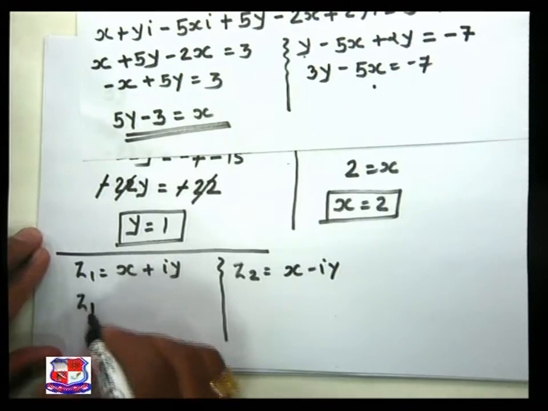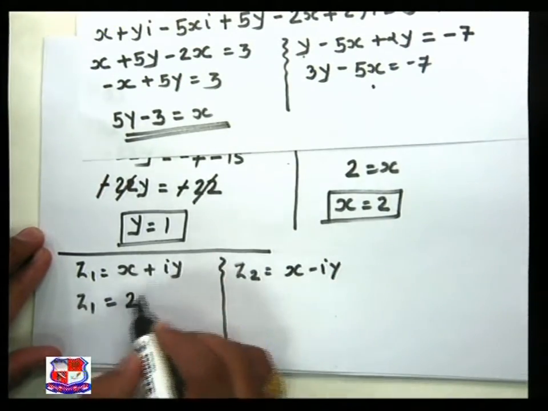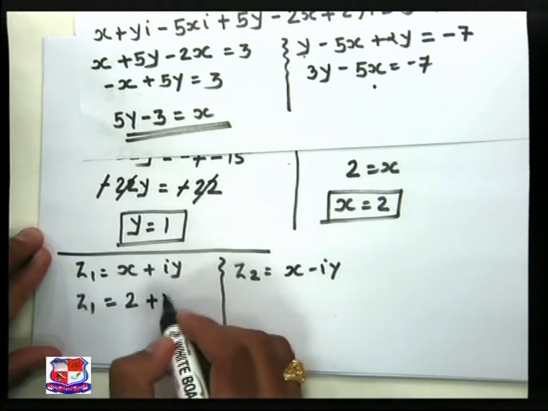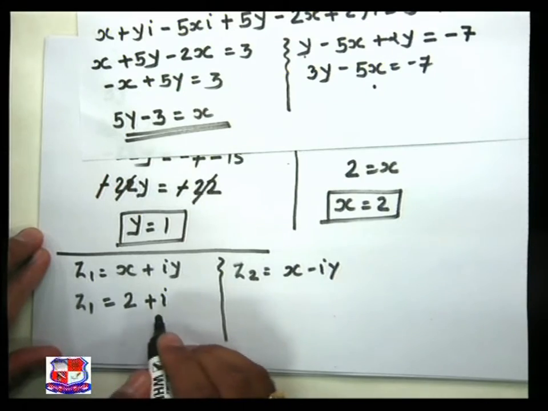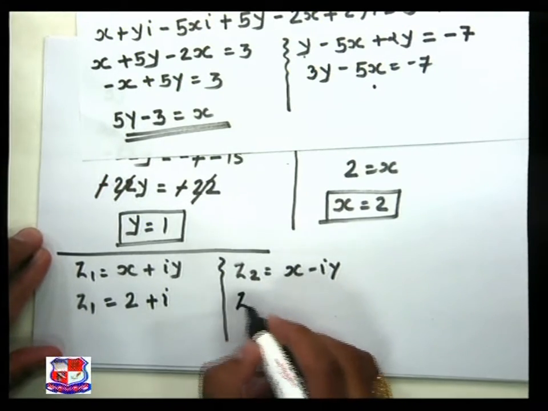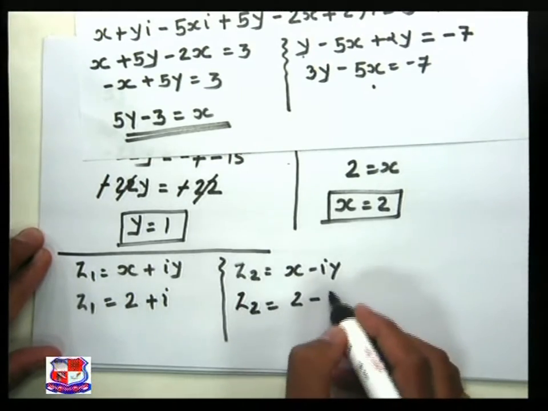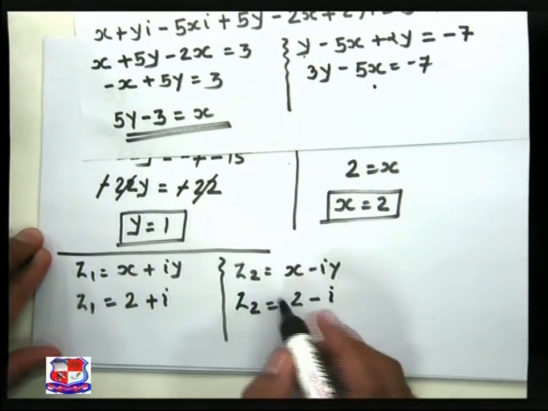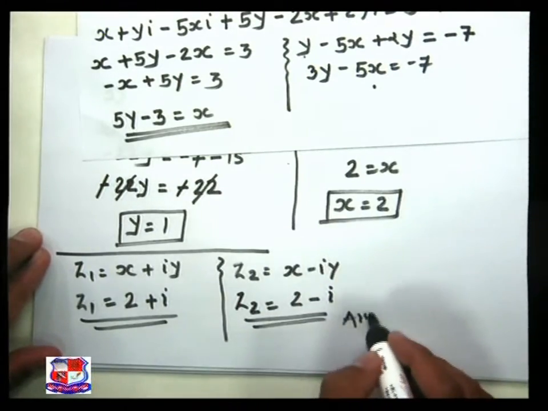So ultimately our z1 becomes x, here 2, so 2 plus i, y that is 1. So our answer is 2 plus i, and z2 is equal to x that is 2 minus i, and y equal to 1. So we can easily find out both the value z1 and z2.